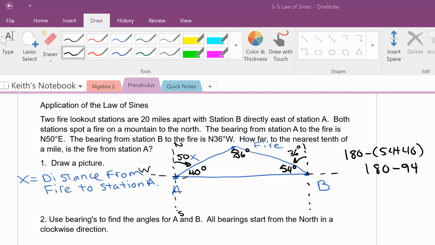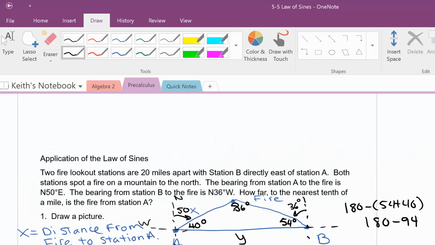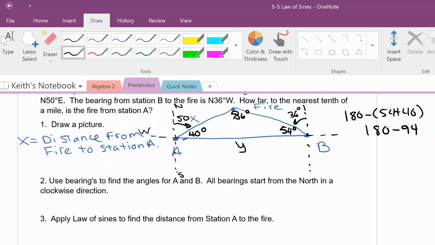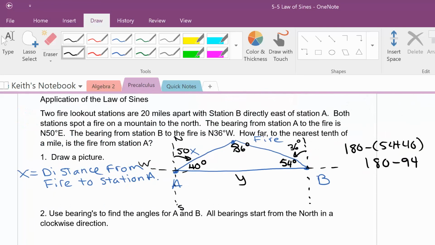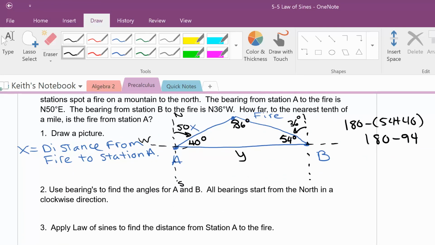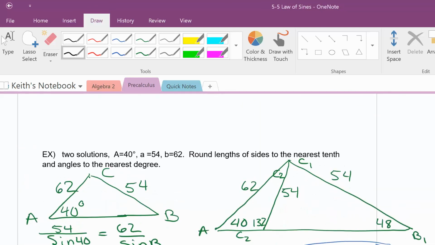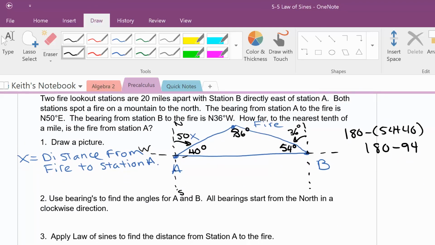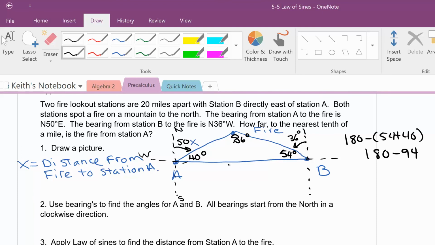So we'll find this side here just to do this. So we'll use the law of sines. Oh, sorry. In the problem, sorry, I forgot to mention this. In the problem, it says the two fire lookout stations are 20 miles apart. So this side is 20 miles.